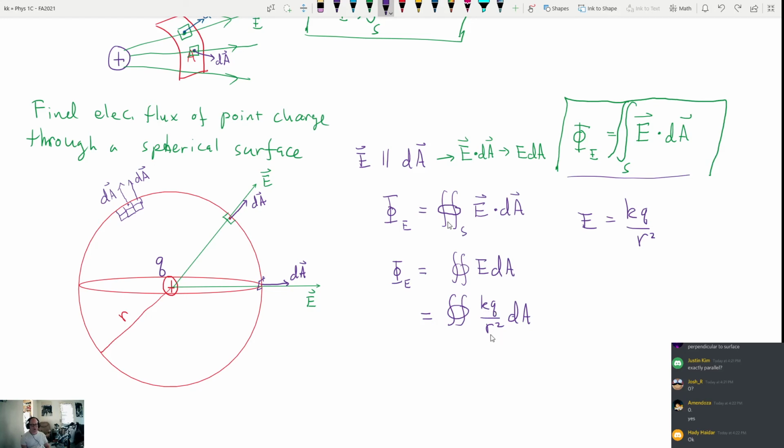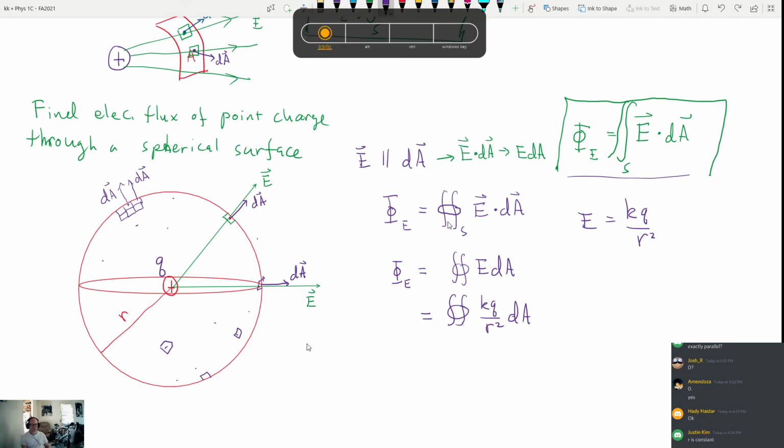But what about r? As I go over every single point on the surface of my sphere, only on the surface, not inside, I come to every point on the surface of my sphere, here, and over here, and over here. Is r going to change? No. r is always the same, because we're doing this surface integral only over the outer surface of the object.